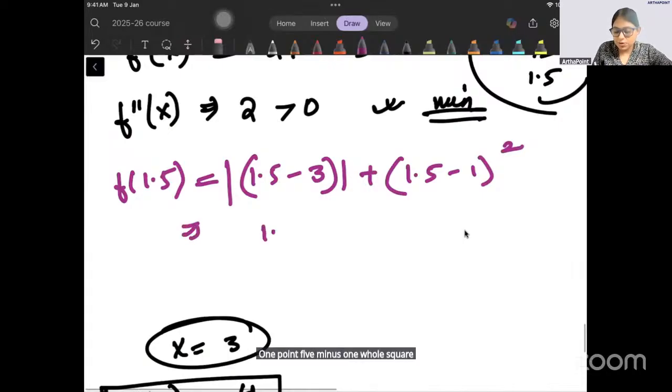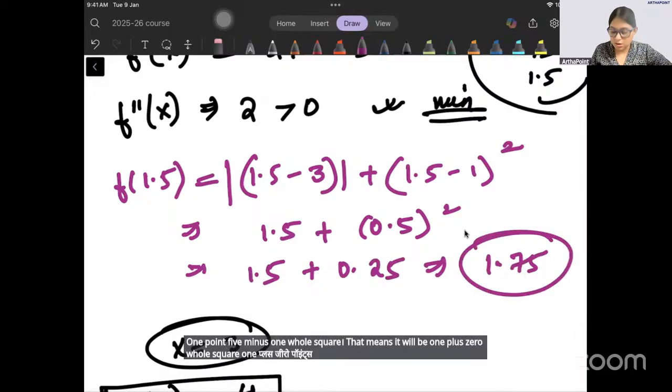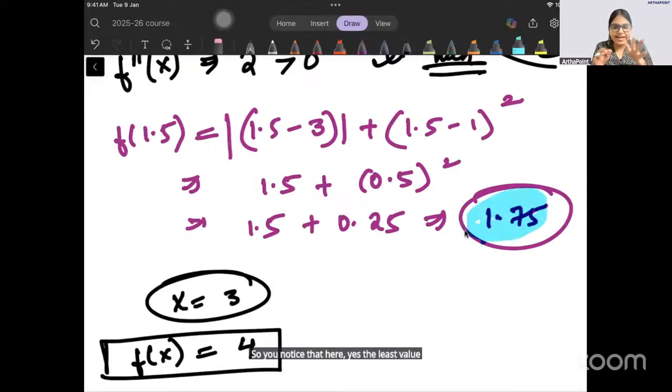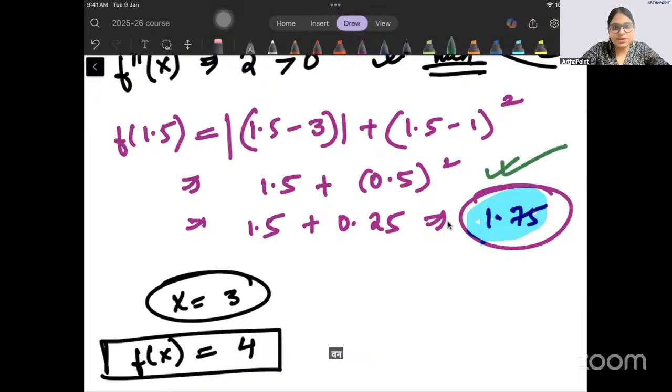That means it will be 1.5 plus 0.5 whole square, 1.5 plus 0.25. You notice that the least value in the three cases we took, less than, greater than, and equal to, is coming here, 1.75. So anyone who has answered it as 3 by 2 is correct.